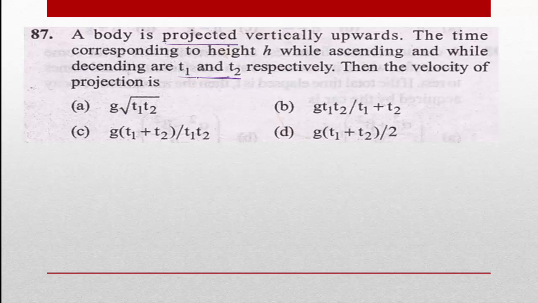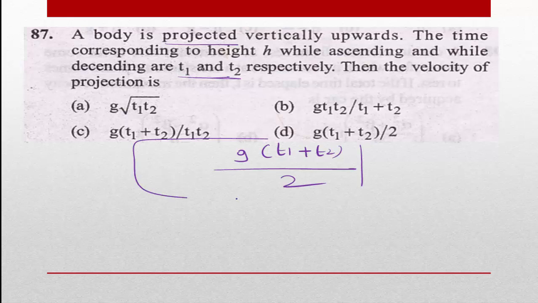Here, when this body is projected vertically upwards, and the times corresponding to the height h while ascending and descending are T1 and T2, then the velocity of the projection is acceleration due to gravity g into T1 plus T2 divided by 2. This is the velocity of the body. The velocity of the projection is V is equal to G into T1 plus T2 divided by 2. Option D is the right answer.